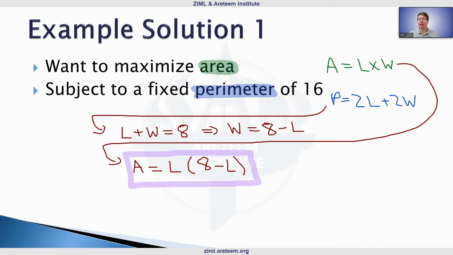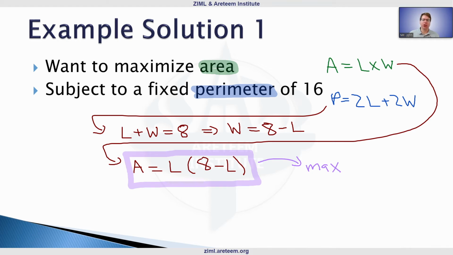Now, skipping a little bit here, this is a quadratic. So this here is a quadratic equation. It is a parabola, right? So we know where the maximum occurs. You could expand this: 8L minus L squared. The maximum occurs at the B over 2A kind of stuff there as well.